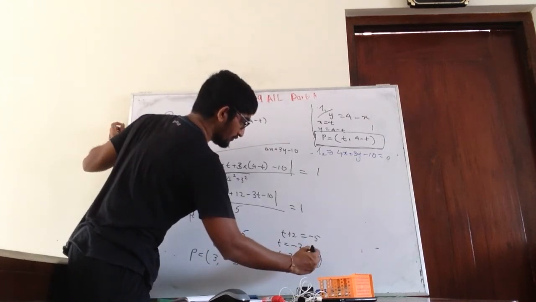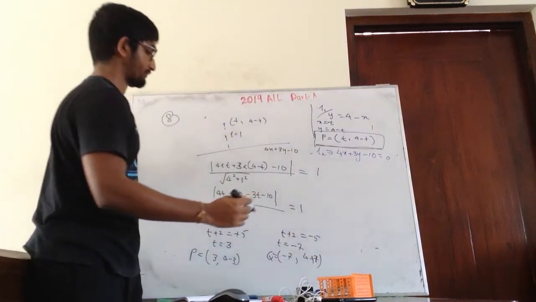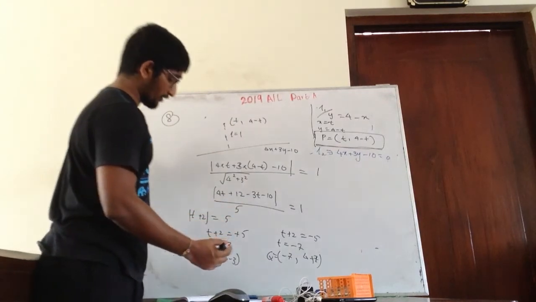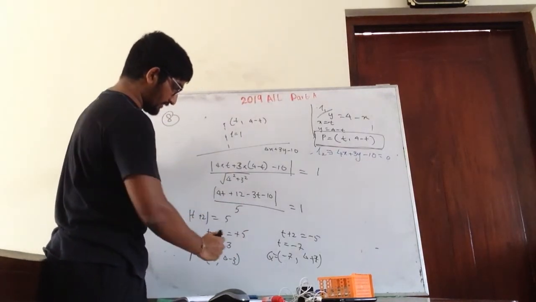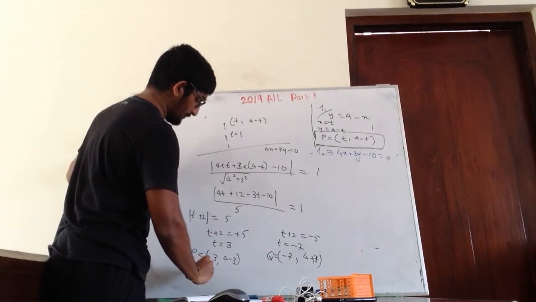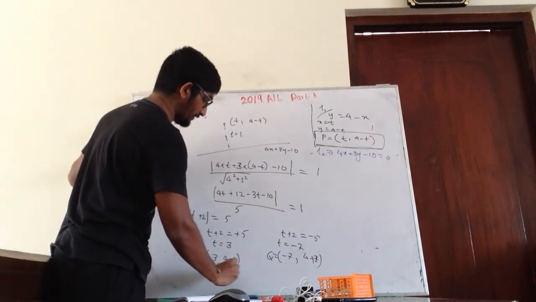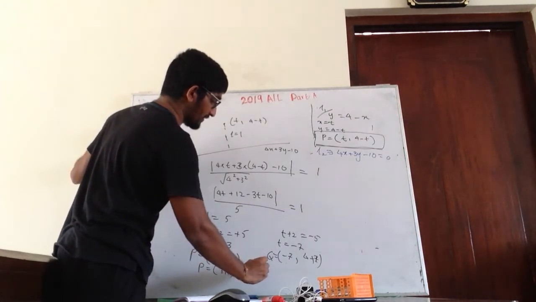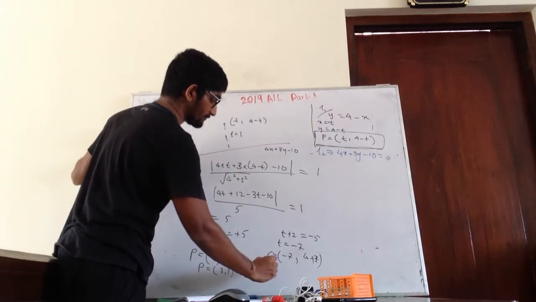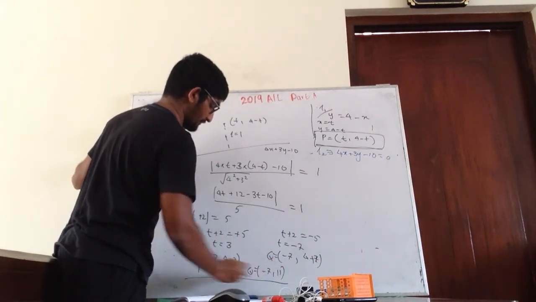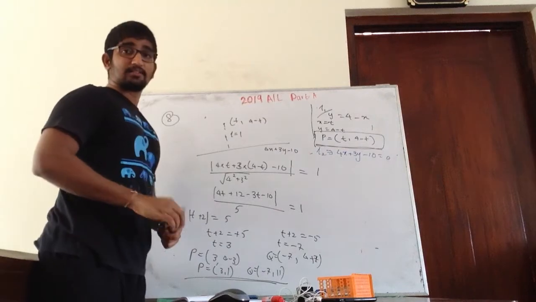Sorry, 4 plus 7. It's minus, no? So then you will get P as 3, 1 and Q as minus 7, 11. So these are the answers they are expecting.